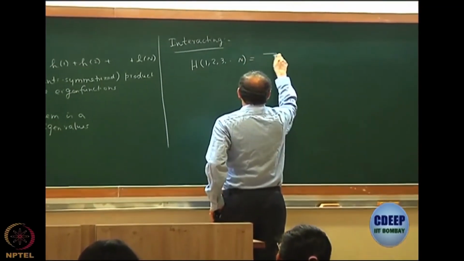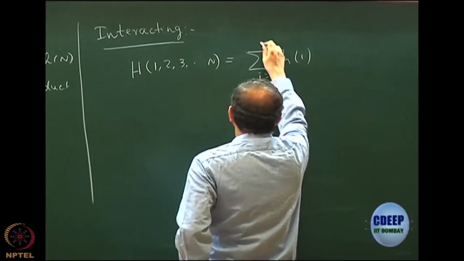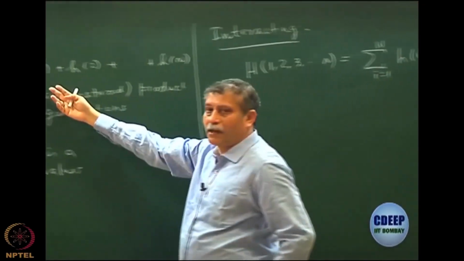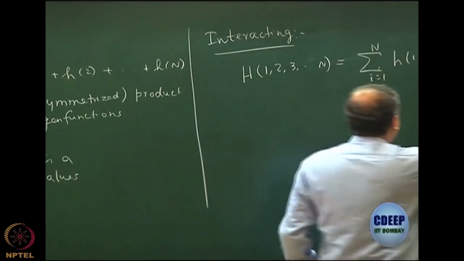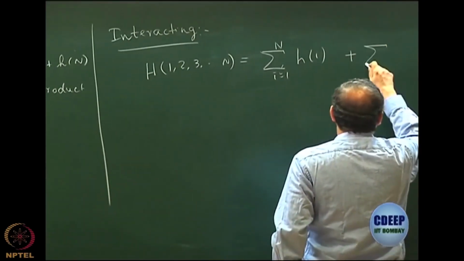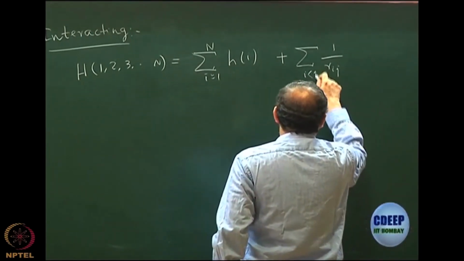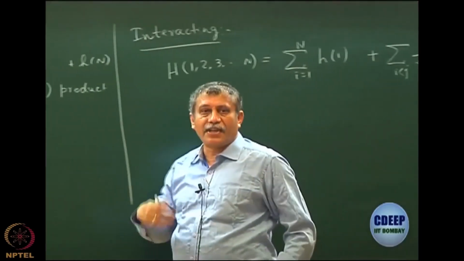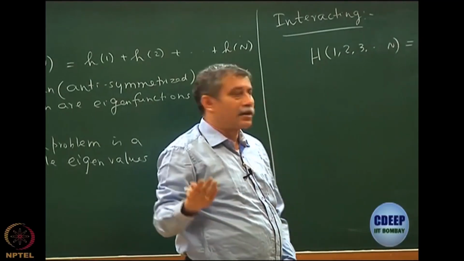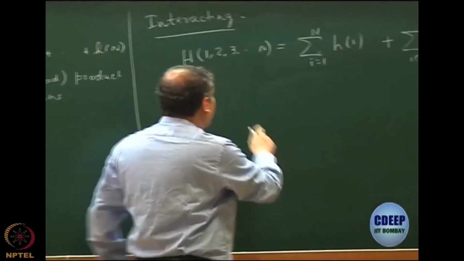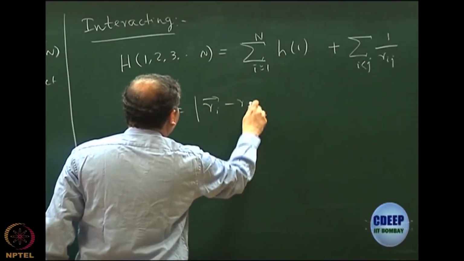It will still have a one particle term, so I am writing this as a sum from i equal to 1 to n of H, where H is again a one particle operator, just like this, plus an additional term which is usually written for the Coulomb problem as the sum over i less than j of 1 by Rij, where Rij is the distance between the electrons i and j, that is, the distance between Ri and Rj.